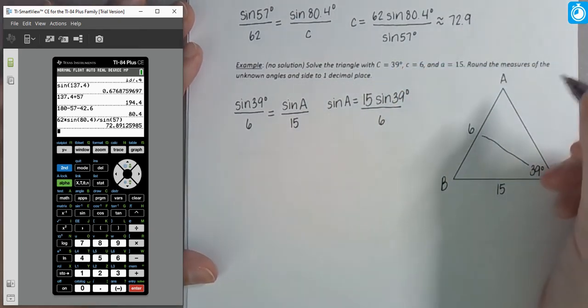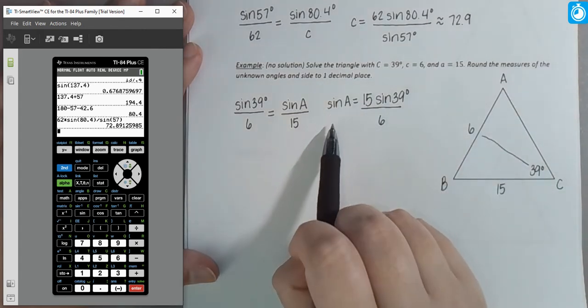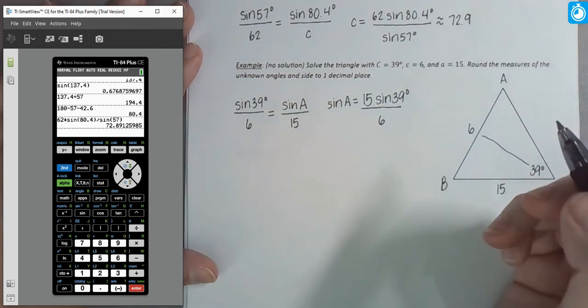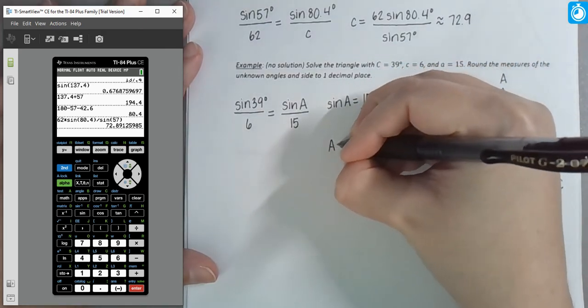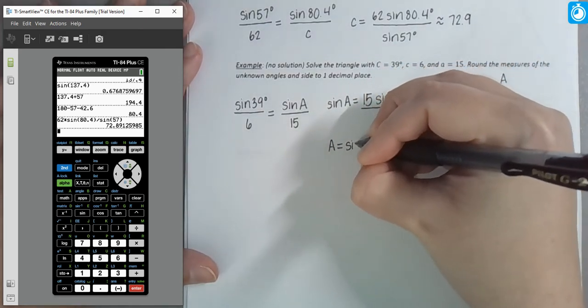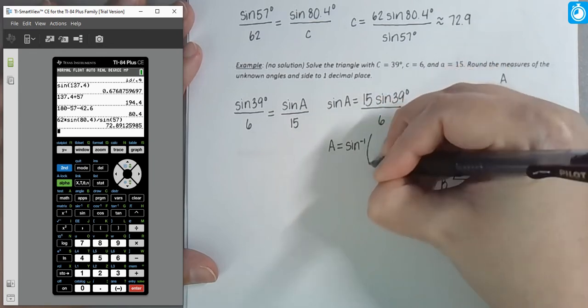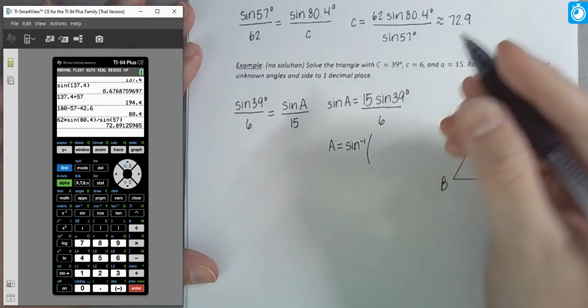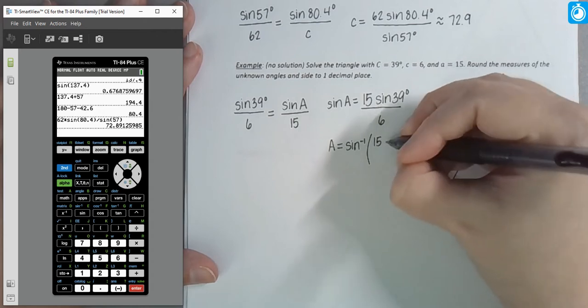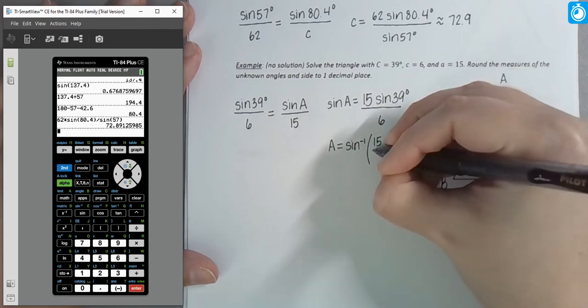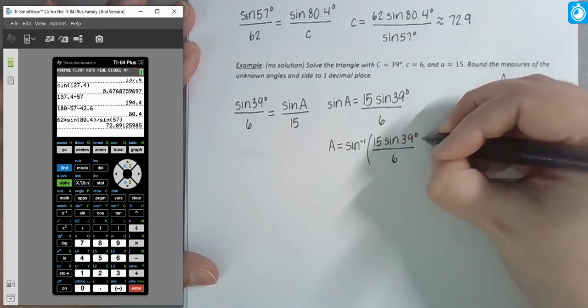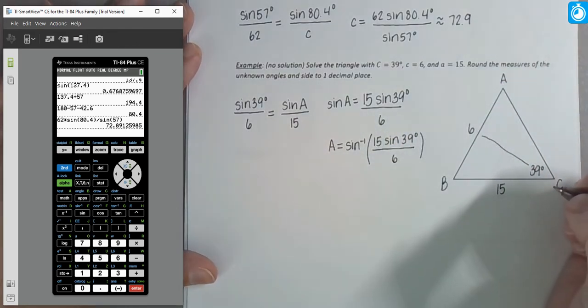And then again, we're solving for an angle. We need to get rid of the sine, which means we're going to apply the inverse sine to both sides of this relationship. So A is going to be equal to the inverse sine of all of this. So 15 times the sine of 39 degrees, and that's going to be divided by 6.